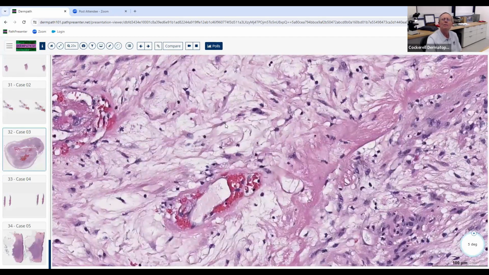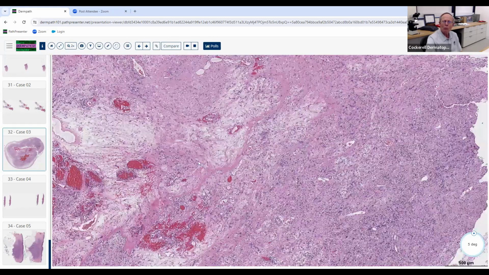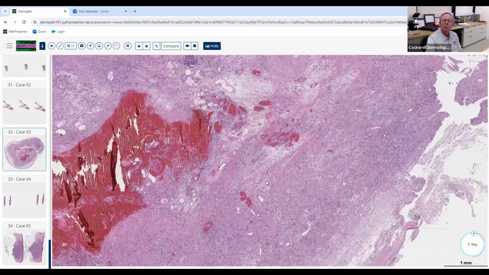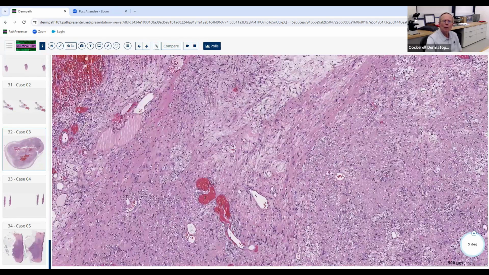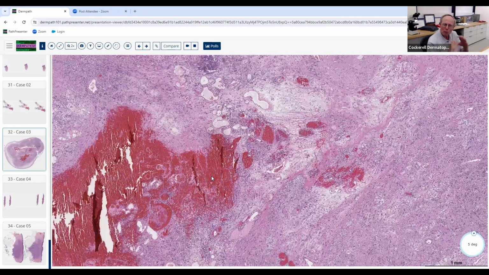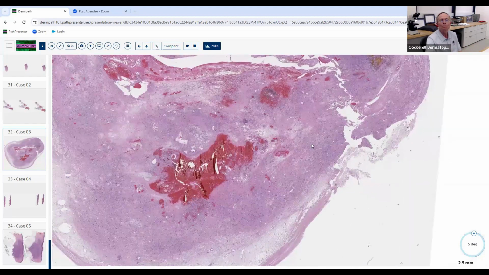I'm sorry, than leiomyoma. That would go against it. Those big thick PAS positive blood vessels help you for neural. It's unusual to get massive hemorrhage like this. That's more common into a schwannoma than a leiomyoma. So this is just an example of a neurilemmoma or schwannoma.